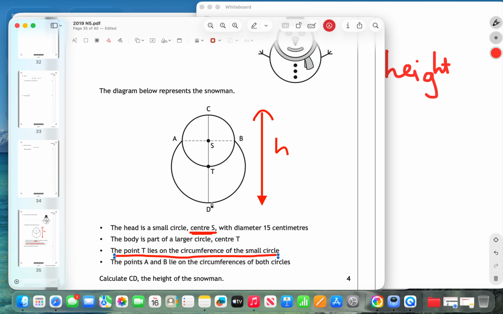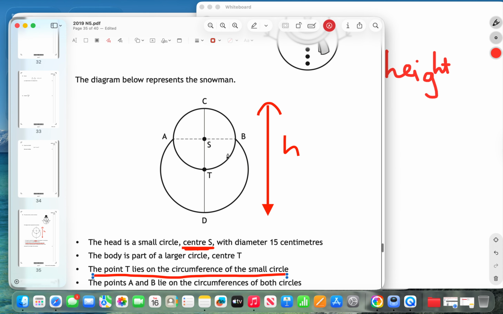And most pupils looking at this question were so confused because there's not much information. Well, at first glance, there might not be much information, but if you have a look at this, we know the distance TS is the radius of the small circle, and so is this. But what if we had the line from T to B?